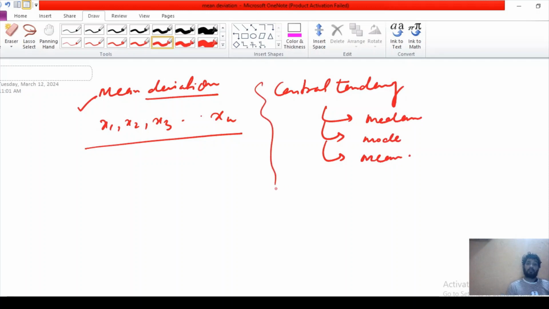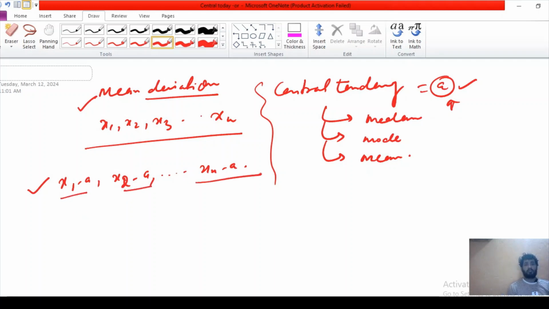So each observation is subtracted by a. That is x1 minus a, x2 minus a, dot dot dot xn minus a. This is our deviation, right? It is also, we can say, new observations.